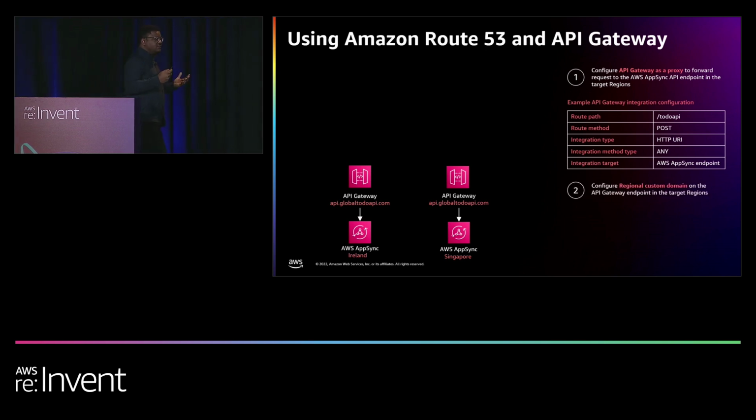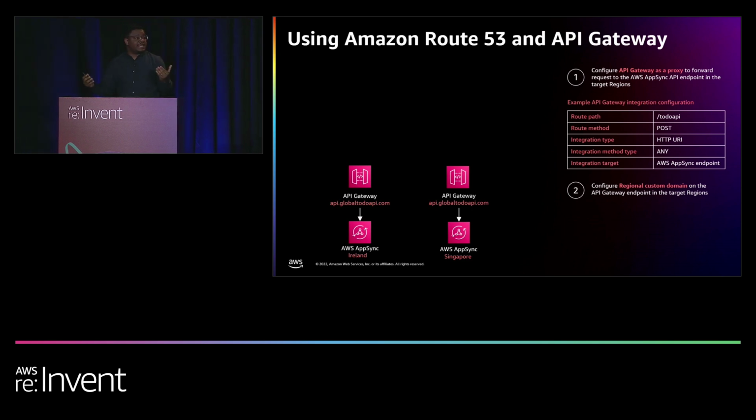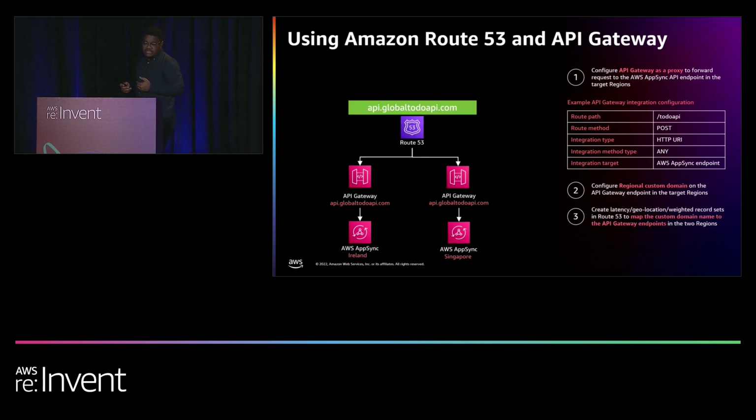API Gateway has a nice functionality where it can support regional custom domains on 2 API gateways in 2 different regions. So you can configure that single endpoint as the custom domain for your API Gateway deployment.